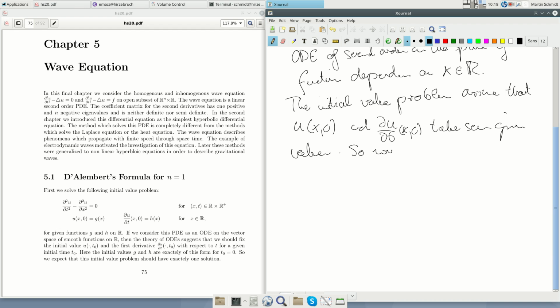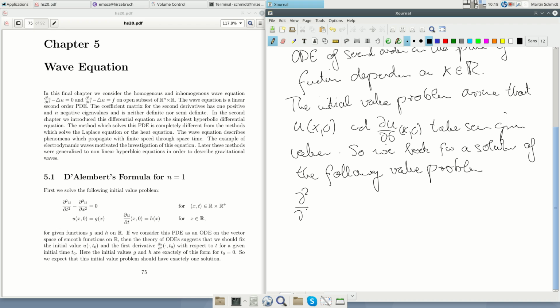So we look for a solution of the following initial value problem. In fact, this is not dependent on the dimension, so for any dimension, later we will look for the analogous initial value problem.